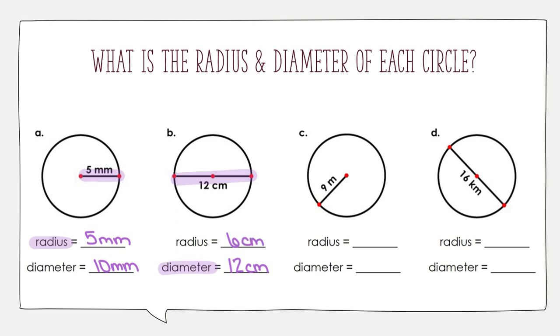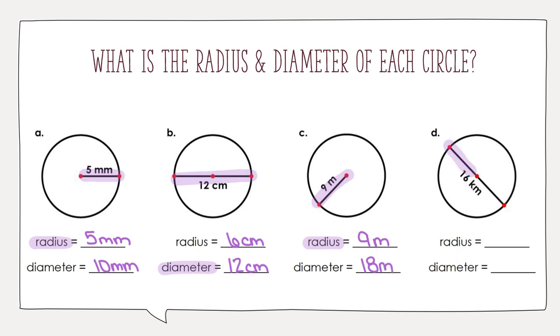All right, on C, what is the 9 meter segment? That is the radius. All right, so if the radius is 9 meters, what is the diameter? What is it? It's 18 meters. Okay.